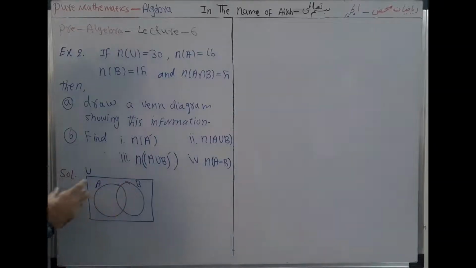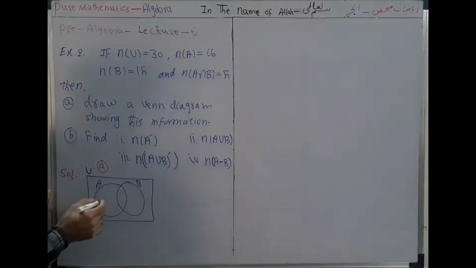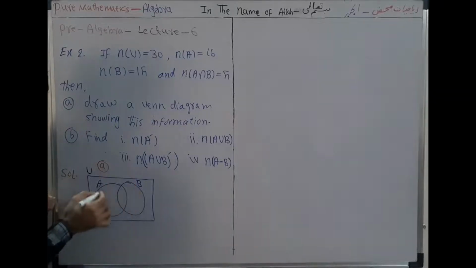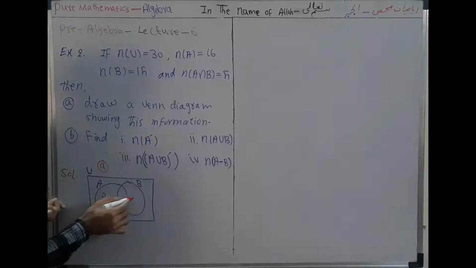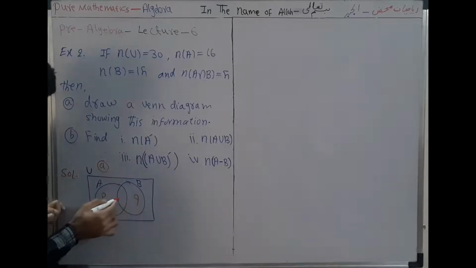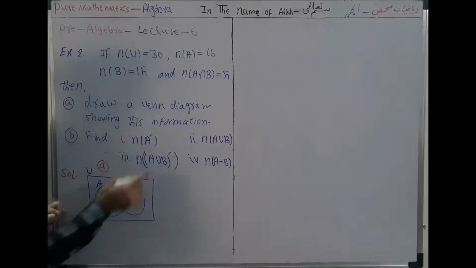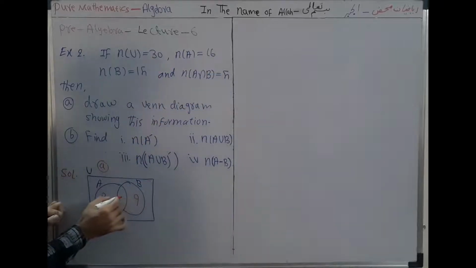Here we first want to draw a Venn diagram. This is part A and this is part B. We don't have the number for only A, so we can put P. For only B, in this part we can write Q. Here n of A intersection B is 5.